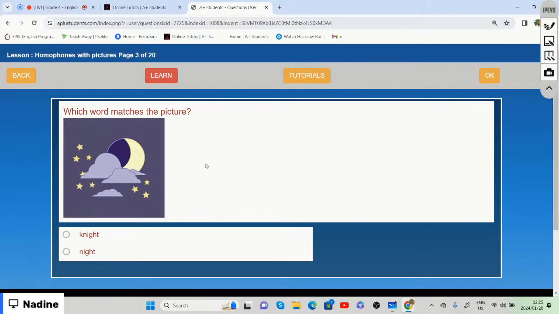All right. Is this going to be the first option, which is knight with a K, or is it the second option, which is night with an N? Like day and night.